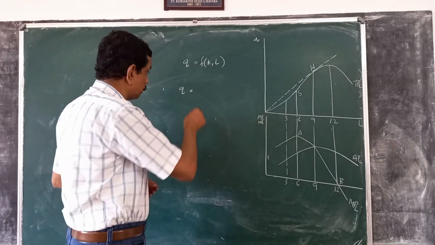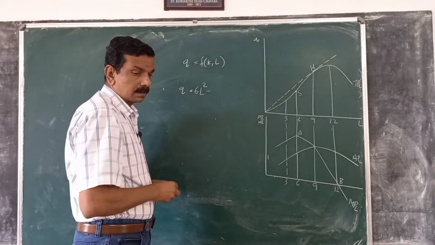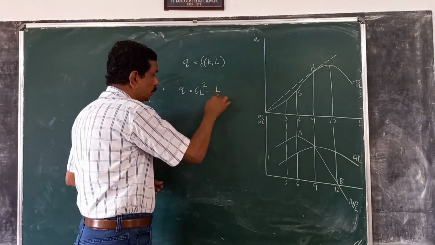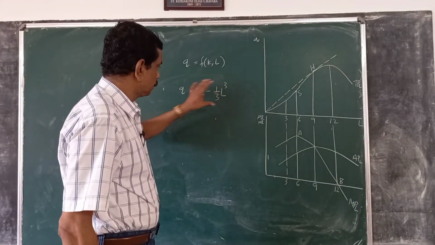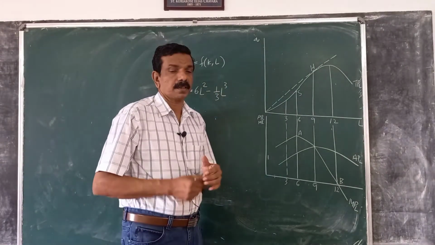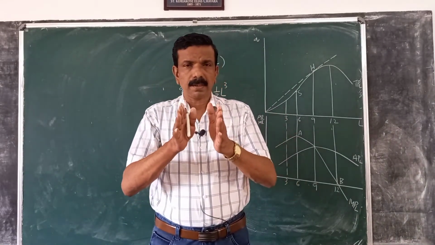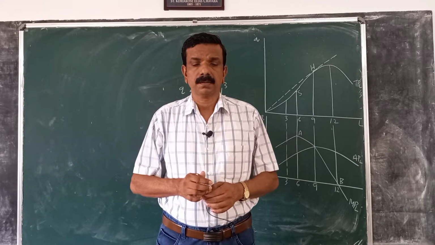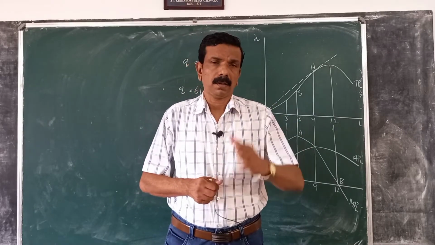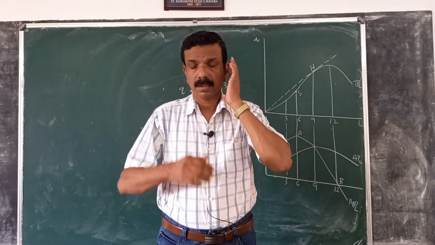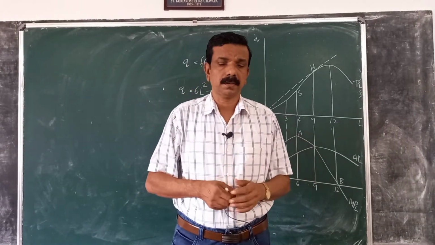We use the cubic production function Q is equal to 6L square minus 1 by 3 L raised to 3. As you can see, this is a short-run production function. What is peculiar about this production function is that only the labor input is variable. All the other inputs, including capital and technology, are held constant.